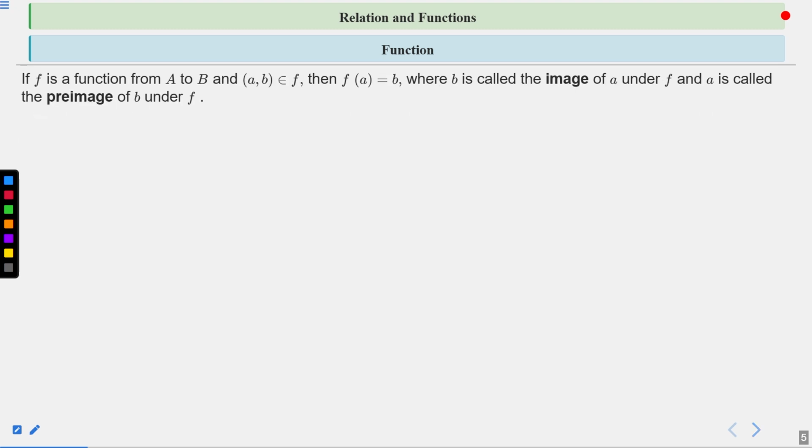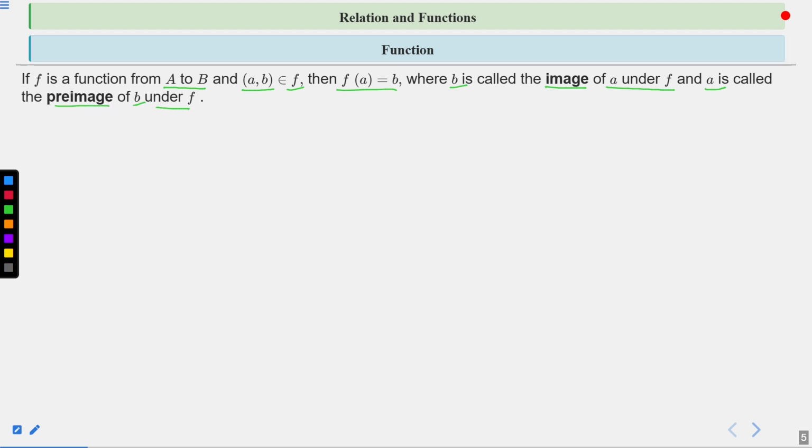If f is a function from A to B and the pair (a, b) belongs to this relation f, then we say f of a is equal to b. Meaning b is the image of a under f, and a is called the pre-image of b under f.